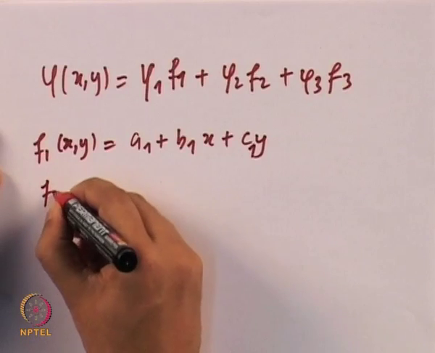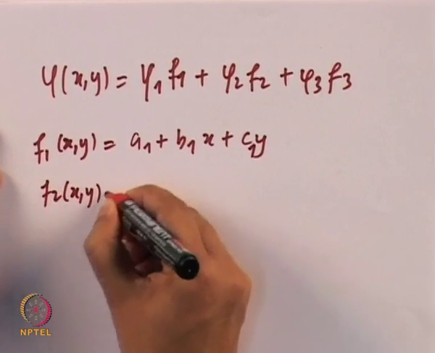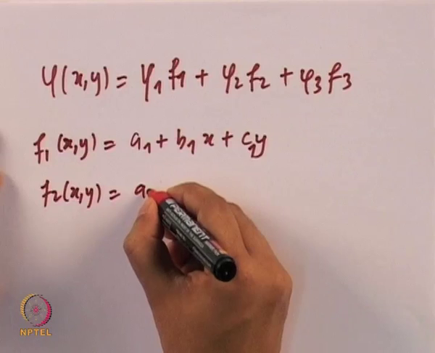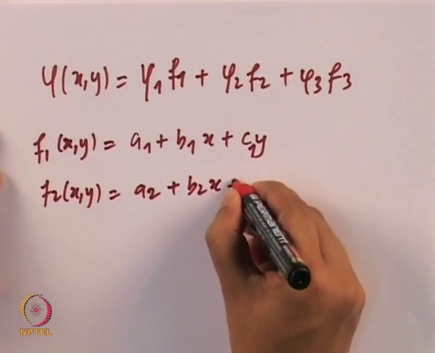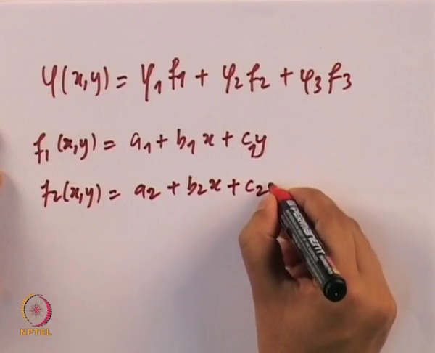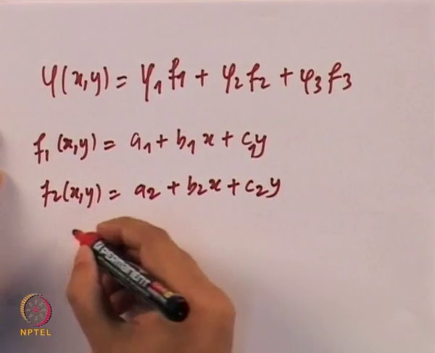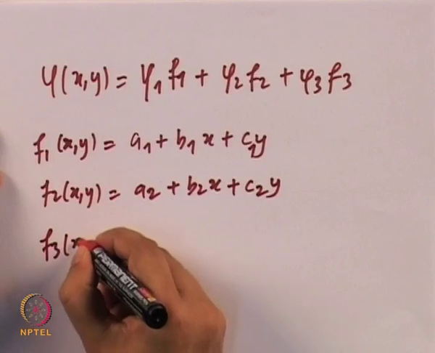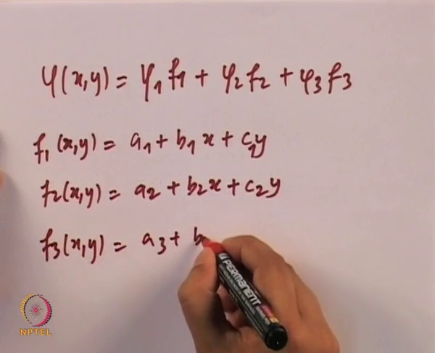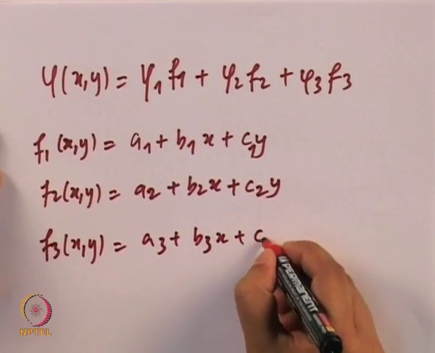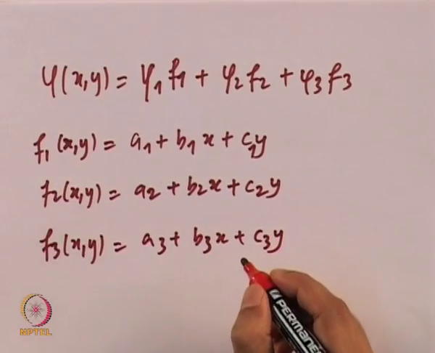and f2 of x comma y will be given by a2 plus b2 x plus c2 y, and f3 of x comma y will be given by a3 plus b3 x plus c3 y.